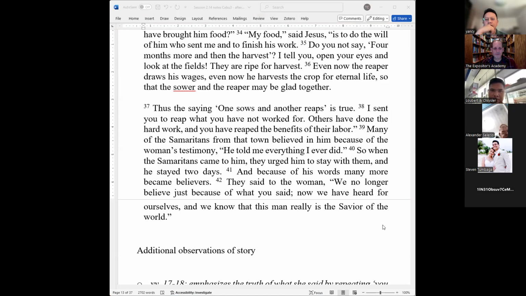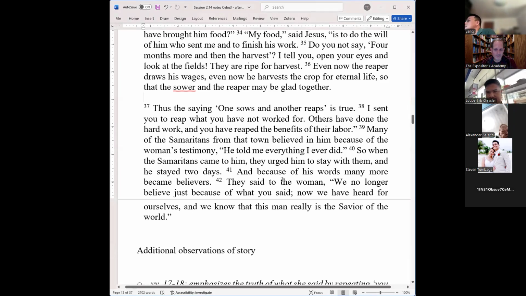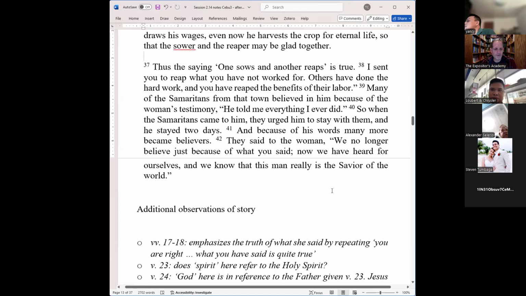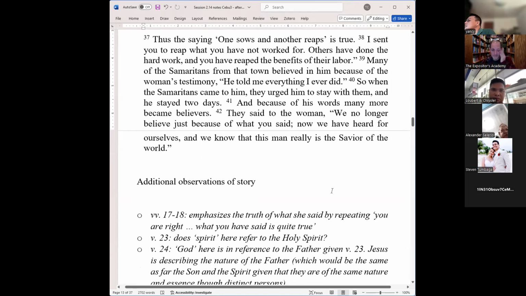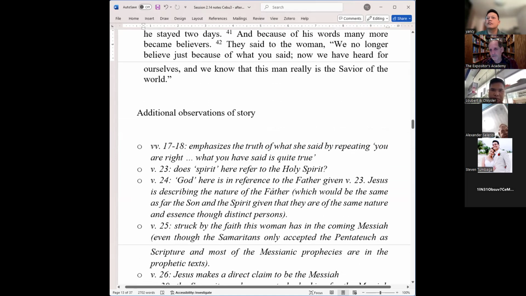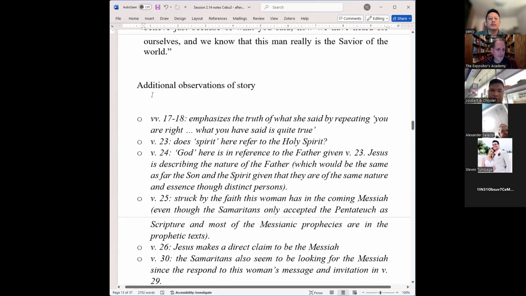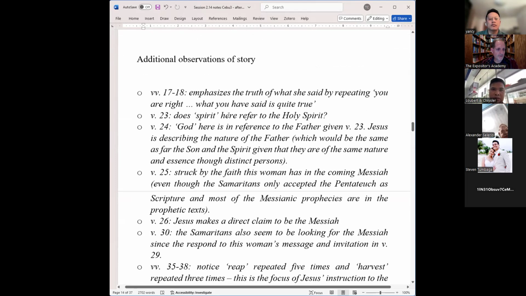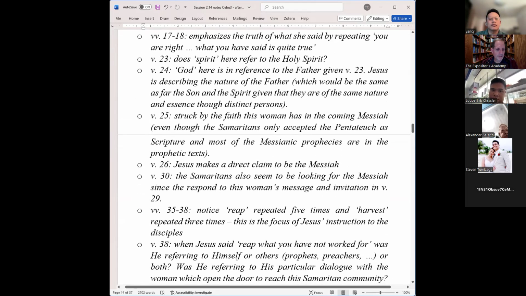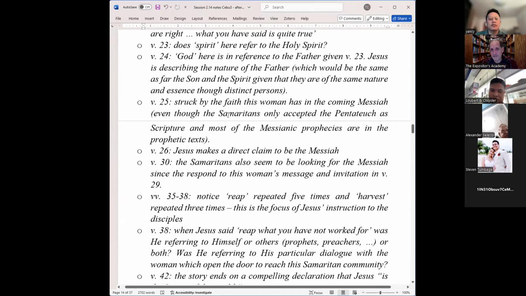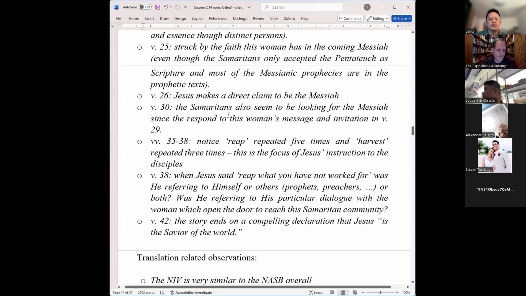All right, so that's the story we've got here with John 4. I think you were familiar with it. Normally what we would do, and I won't go through this with you now since we've made observations before, you'll have these in the notes. These were some additional observations after I read through the story several times again, and other things that I didn't notice before.